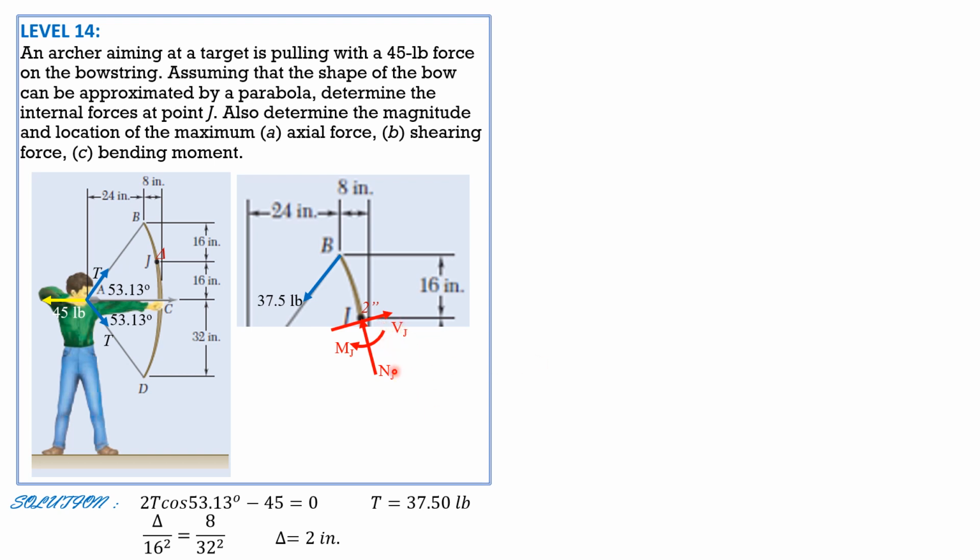Now the angle that Nj makes with the vertical, or Vj makes with horizontal, is to be determined first by determining the equation of this parabola. By the square property of parabola, let's superimpose the axes first. Let's call this the h-axis, and that's the v-axis. So h is to v squared by the square property.